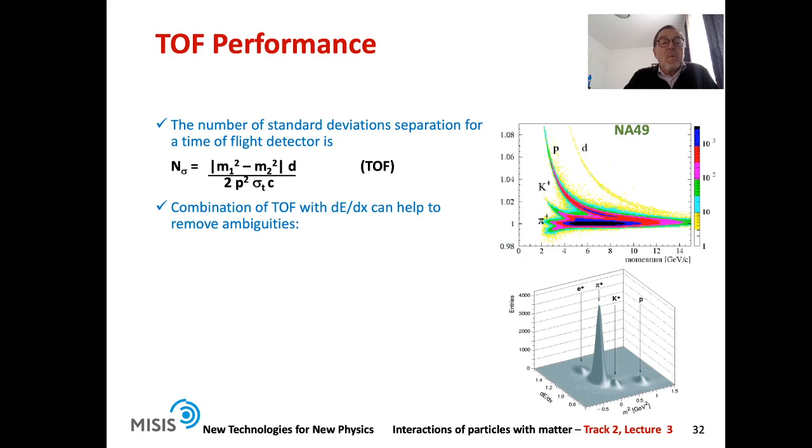You see p squared in the denominator, or you need a very good sigma t, which also enters in the denominator. Well, sometimes a combination of time of flight with dE/dx can help to remove ambiguities. You see the performance of various ionization detectors for the NA49 experiment shown at right.